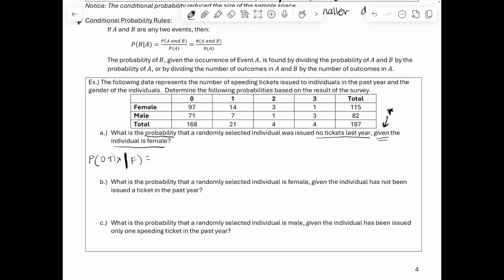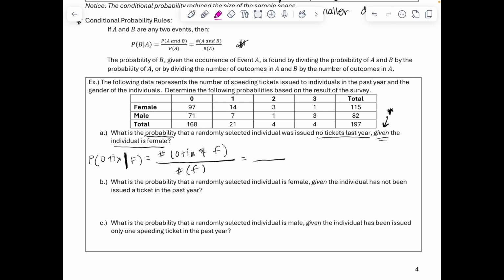And so using the formula that's up above, this is going to be the number of people that have 0 tickets and are female, divided by the number of people that are female.